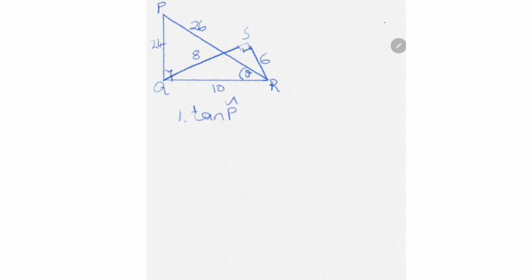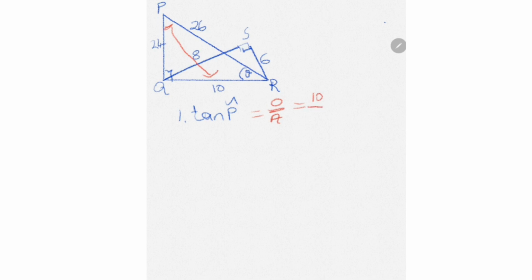Let's see, where is this angle P? It's that one over there. Angle P is over here. We know that tangent is opposite over adjacent. What is opposite this angle P? That is side QR, which is 10.